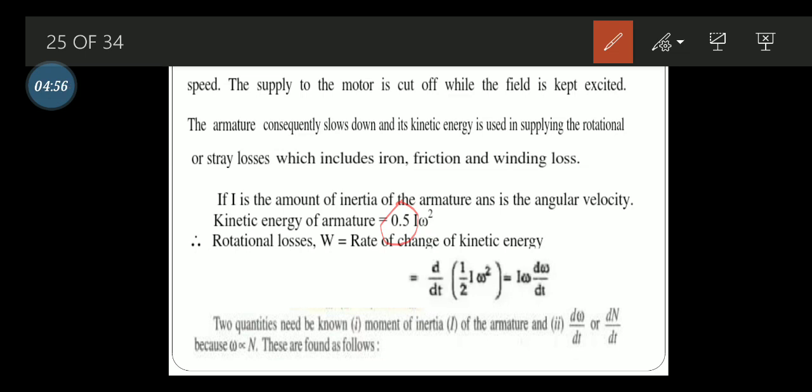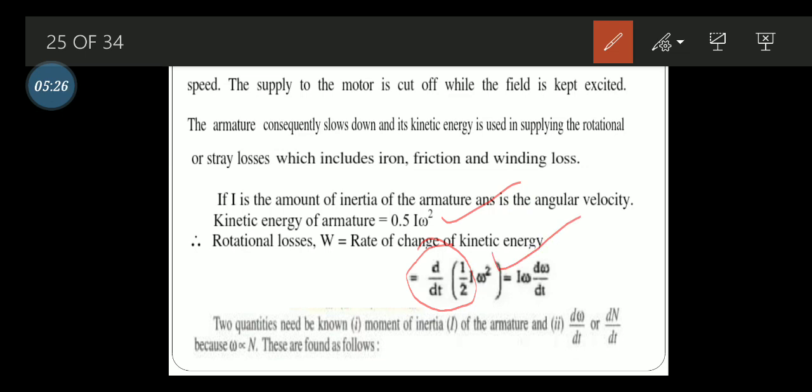Then the rotational losses we can represent as the rate of change of kinetic energy. So the rate of change of kinetic energy is d by dt, and W is the rotational loss, where the kinetic energy is half I omega square.